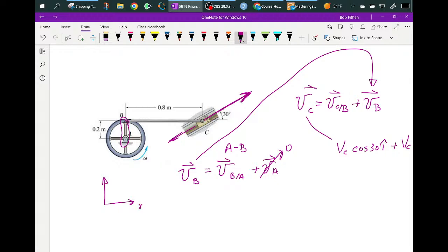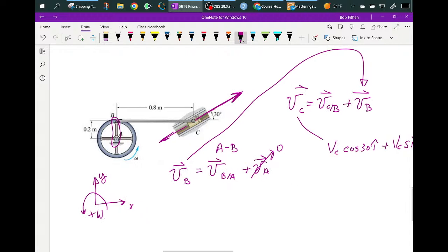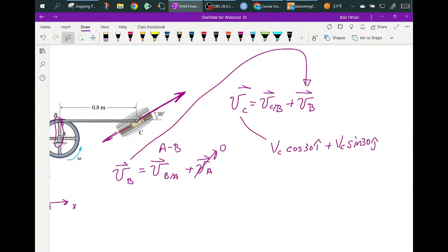Okay, so here's my X, here's my Y, and there's my plus omega.